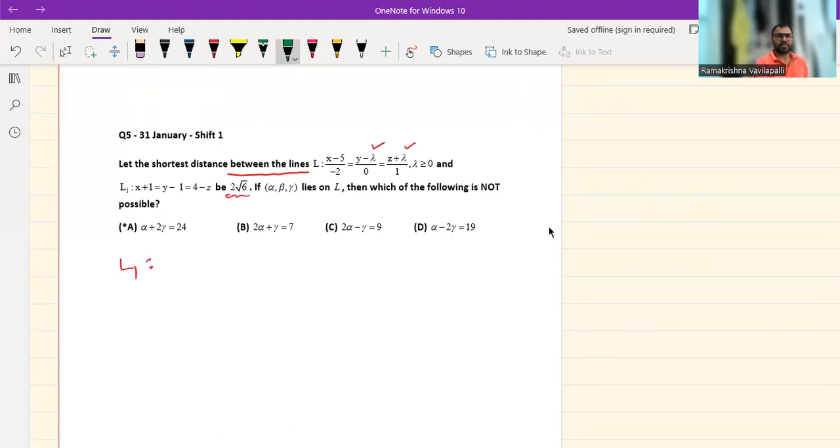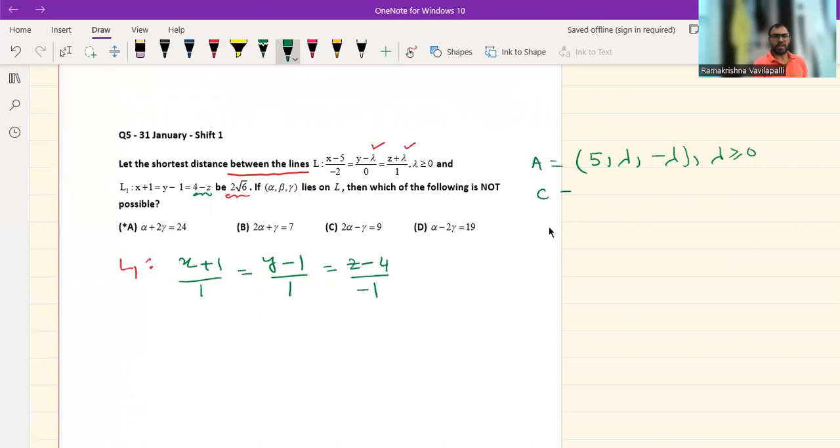So we can write here, you see, this is 4 minus z. So you just write x plus 1 by 1 equal to y minus 1 by 1 equal to, you just take the negative sign common, z minus 4 by minus 1. So here the first point is 5 lambda, minus lambda, given that lambda is greater than or equal to 0.